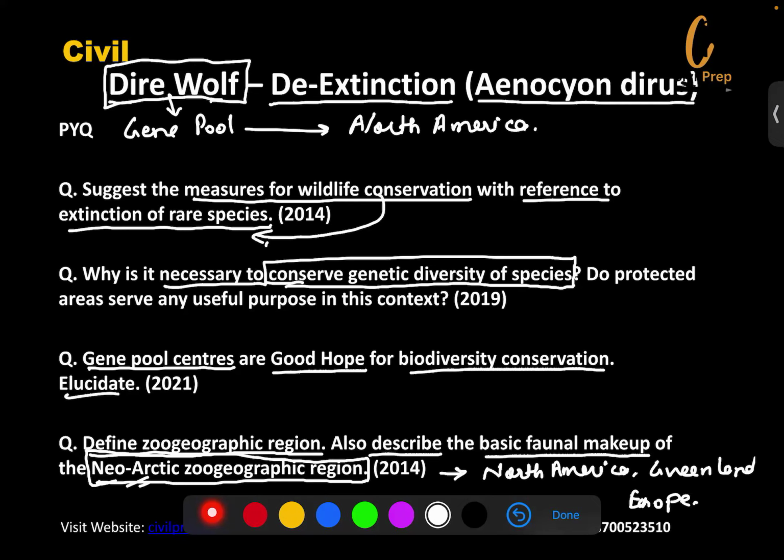So this is part of the Neo-Arctic zoogeographic region. We can see that this case is interlinked with 1, 2, 3, and 4 questions of biogeography.